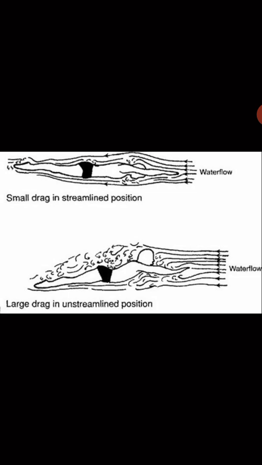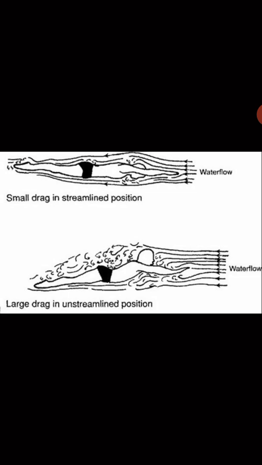So in the first image, you can see the position of the legs of the boy. What did the boy do in the first image? He has made his body streamlined, taking a streamlined position.